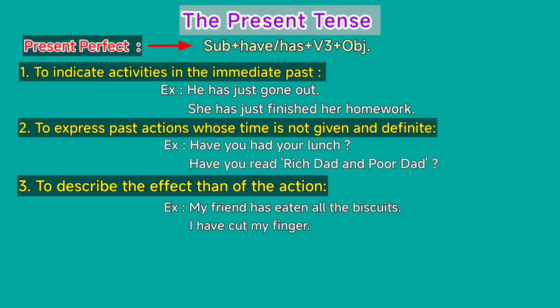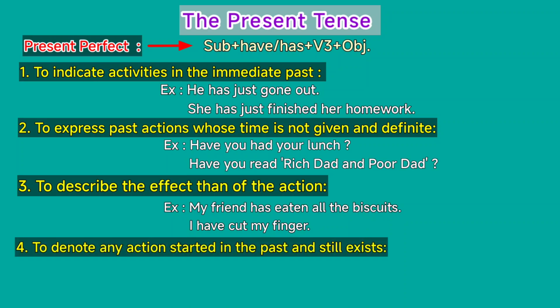Another situation in which we use present perfect is any action started in the past that still exists or is continuing. To express this kind of situation, we sometimes use since or for. Look at the examples. I have known him for a long time. Two people came to know each other long ago.